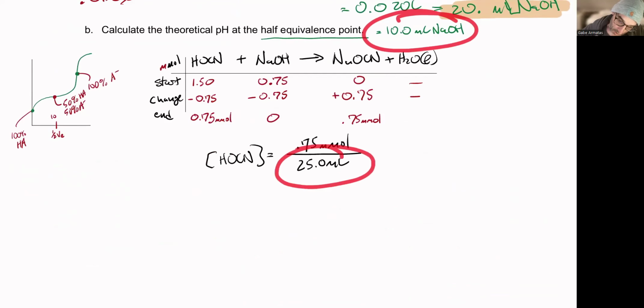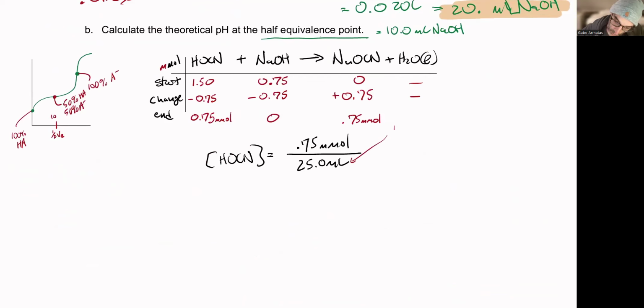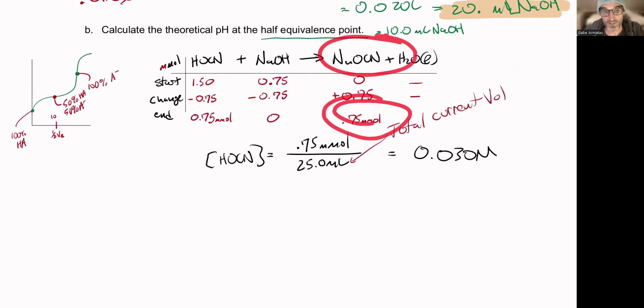So that's the total, current volume, I should say. Okay, so doing that math allows me to finally get a concentration of 0.030 molar. By the way, the concentration of my base is going to be the same exact concentration.